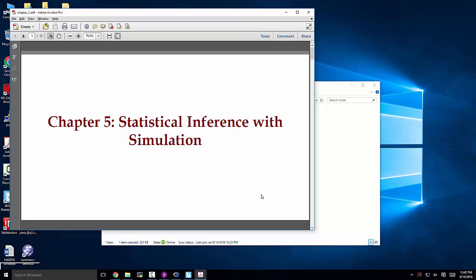Generally, when we want to do statistics, we have in mind specific population parameters that we want to make statements about or decisions about at stated levels of confidence. T-tests, for example, are examples of inference.